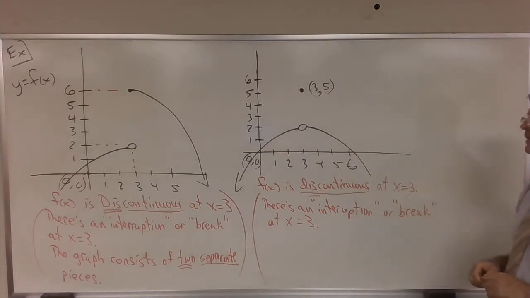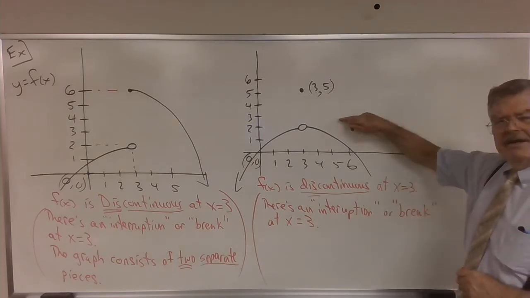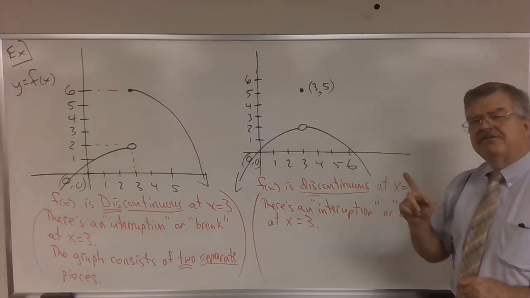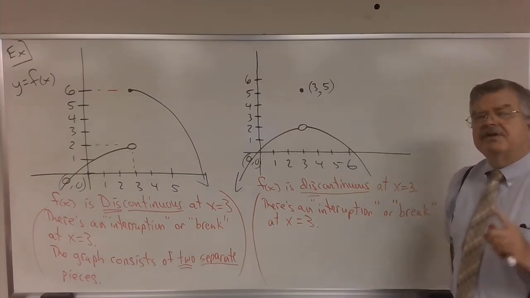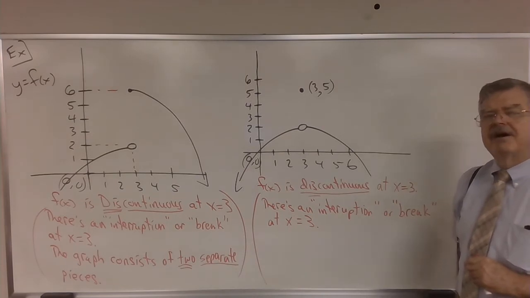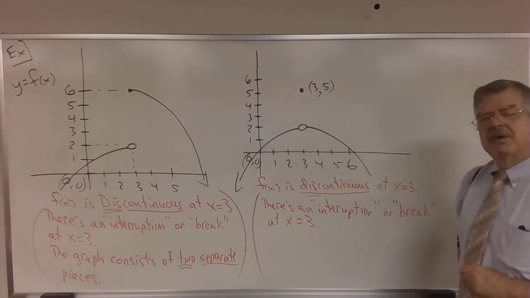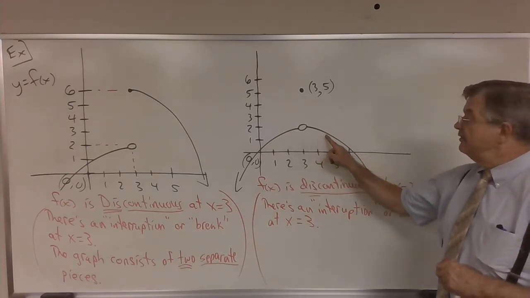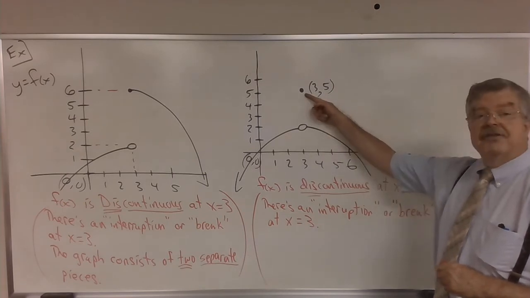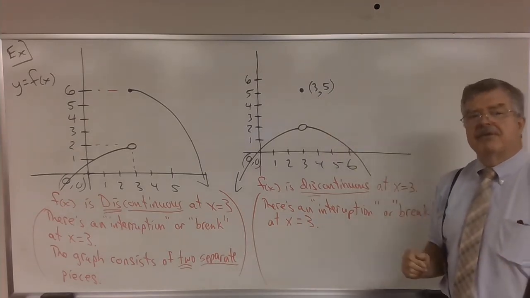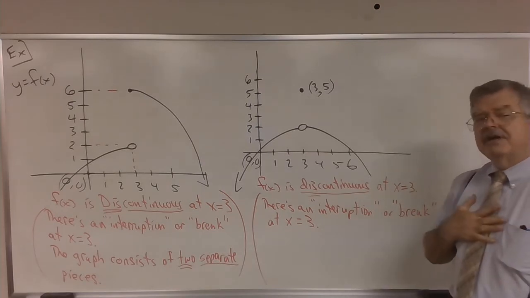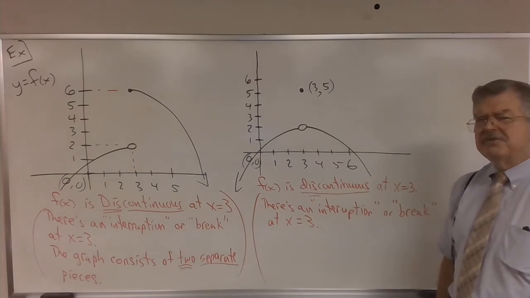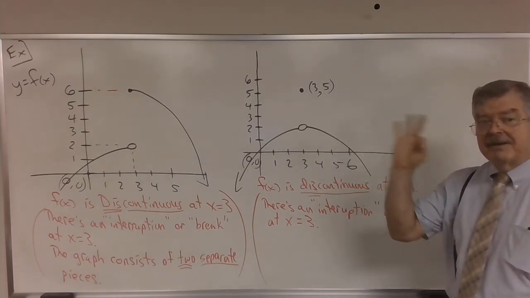Now, the other reason, let's see, is the graph one connected piece? Now, how many separate pieces would you say this graph is made up of? I'll tell you what I think. I say this is one piece, this is another piece, and this is a third piece, and they're all separate from one another. So I'm looking at this graph and I'm saying this graph is not two separate pieces, it's three separate pieces.